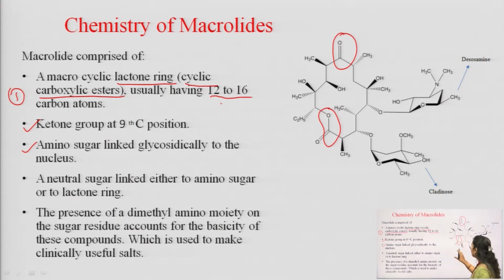अगर हम मैक्रोलॉइड के स्ट्रक्चर को ध्यान से देखते हैं तो हम देखेंगे कि यहाँ पर 2 शुगर प्रेजेंट है. One is desosamine and second is cladinose. So, in macrolide there is the presence of 2 sugars, one is amino sugar, second is neutral sugar. They are linked through the glycosidic bond.